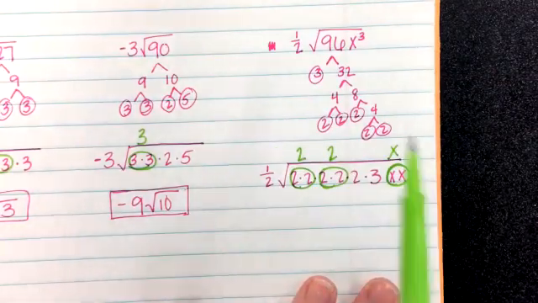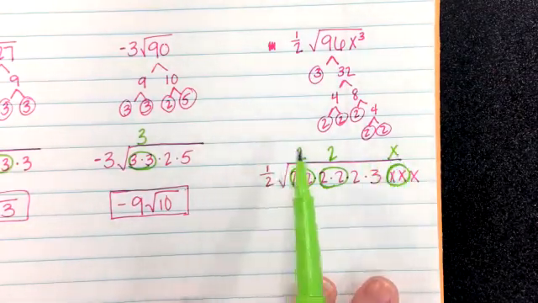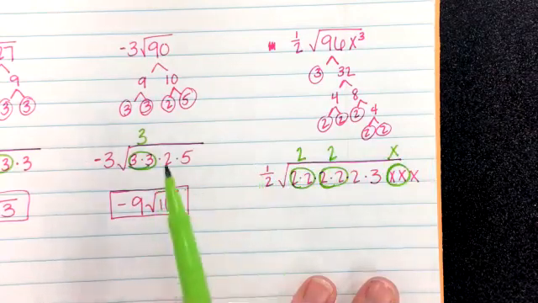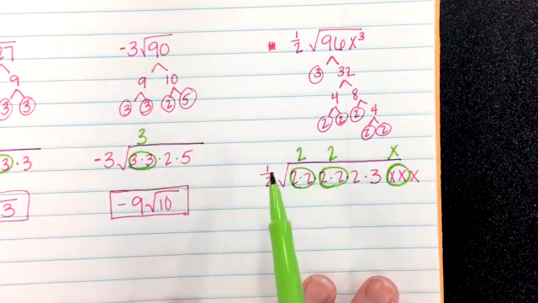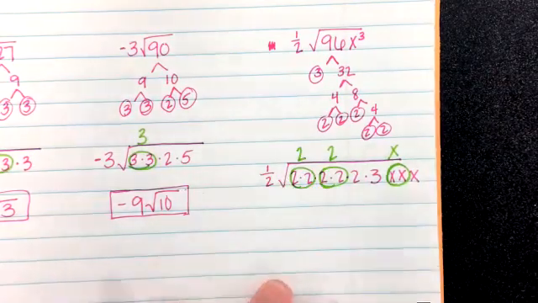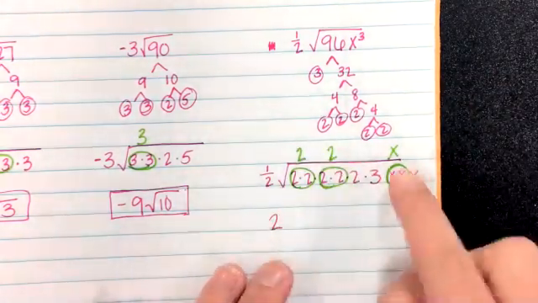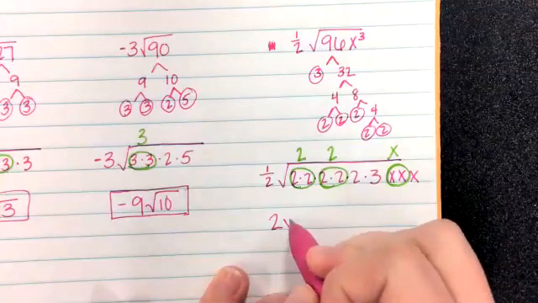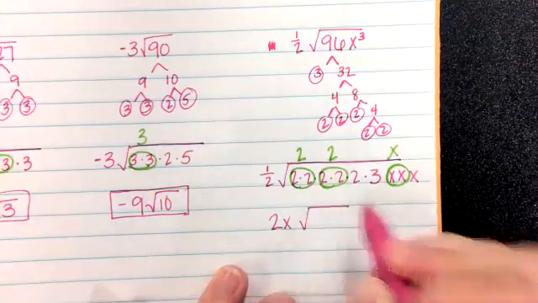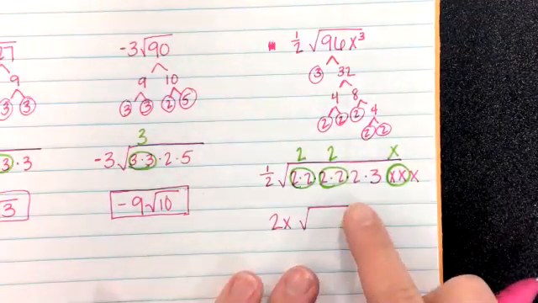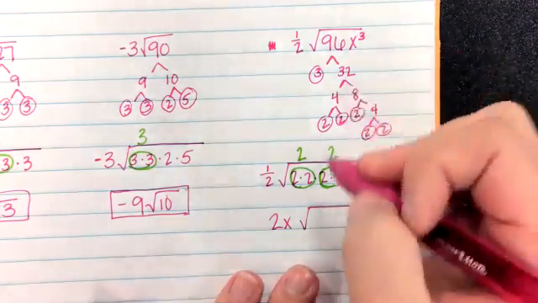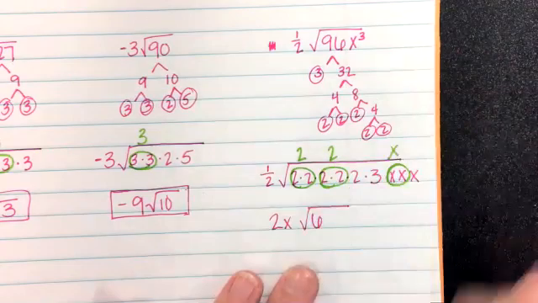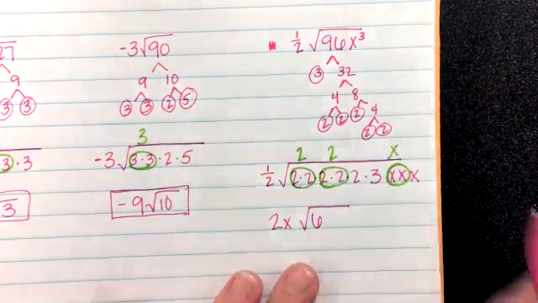Okay. What do we do to everything outside? Multiply. So what is 2 times 2? What is half of 4? 2 with what else is outside? X. Square root. What is inside? What's numbers left inside? 2 times 3, which is 6. What else is left inside? And 1x.